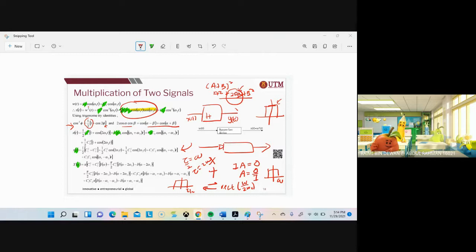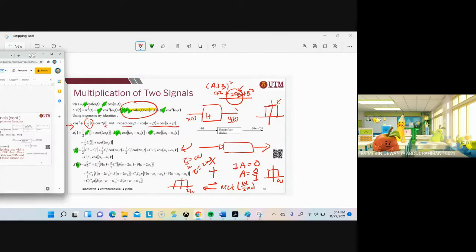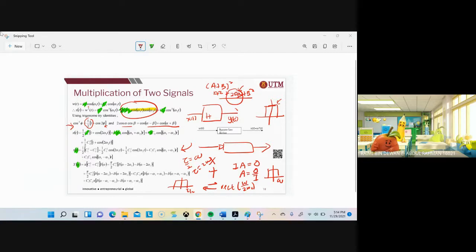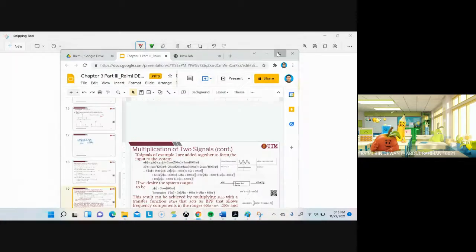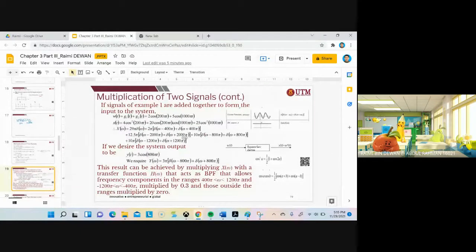Because we want to actually eliminate these other 2 frequencies, which are 2000 and 1200, we need to introduce band pass filters, or in some cases maybe you need band stop filters. For this one you need the band pass filter, meaning it only allows 800 and frequencies around it, but not 2000 and 1200.